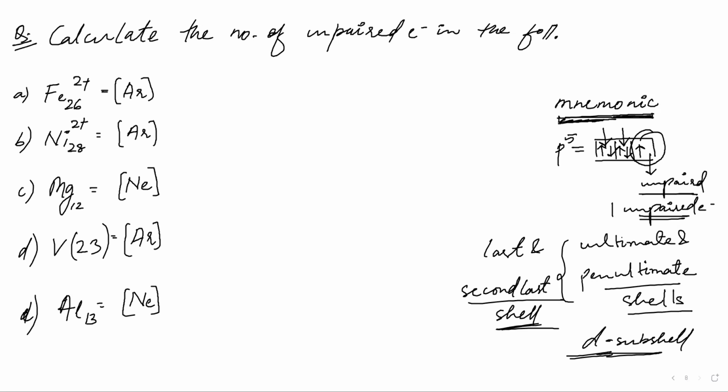So for the first part, we'll have 2 unpaired electrons. Okay, we will see. Please reconsider, I would say.